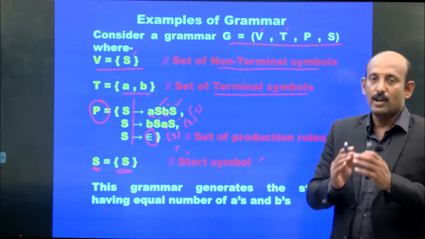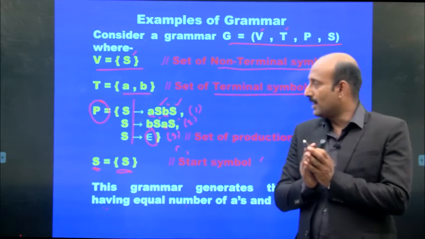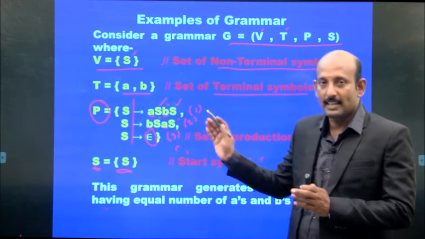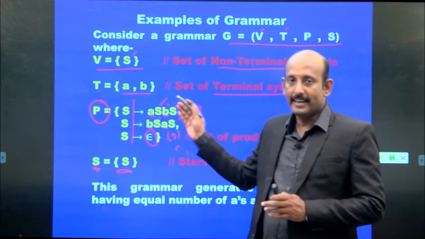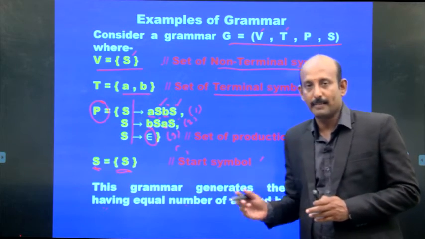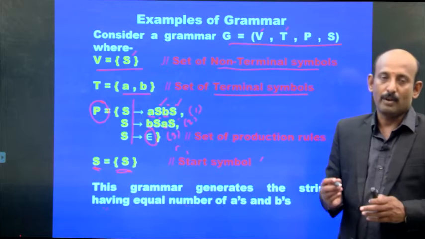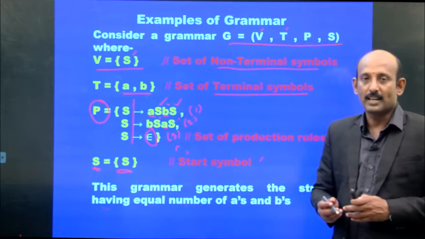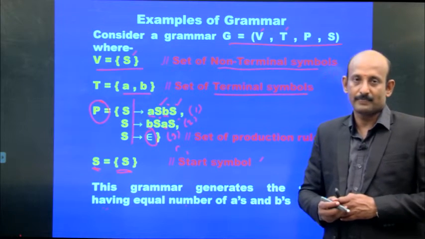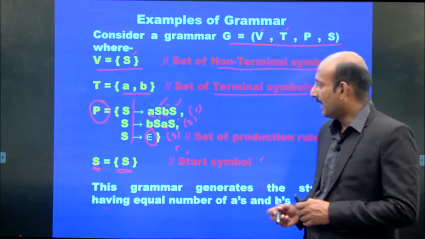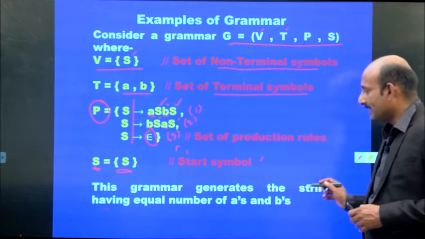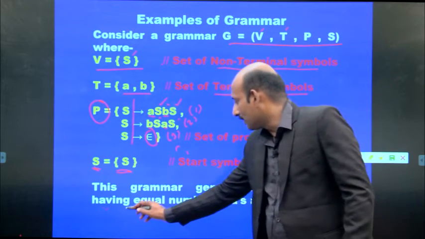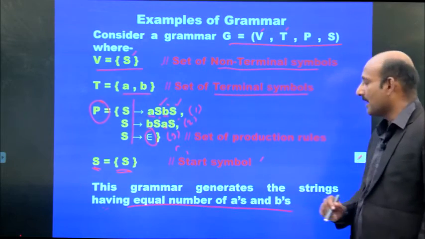So this is the form of the production rules, where the left-hand side is always a single non-terminal, and the right side contains a combination of both terminals and non-terminals, so we can call these variables. This grammar generates strings having an equal number of a's and b's.